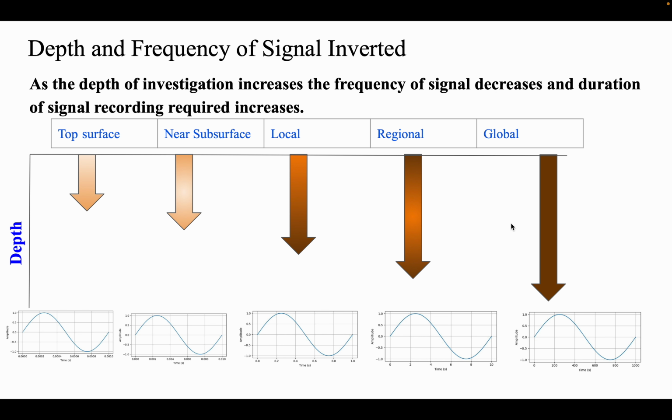As the depth of investigation increases, the wavelength increases, frequency decreases, and the duration for which we need to record the signal, so that we follow the Nyquist theorem to prevent aliasing, is longer. If you guys want me to make a lecture on Nyquist theorem and aliasing, you can comment it down.